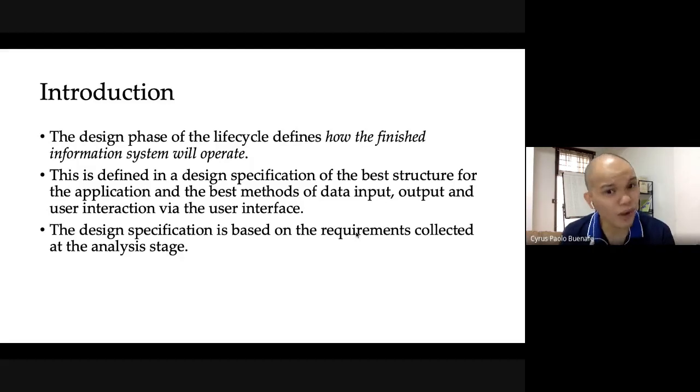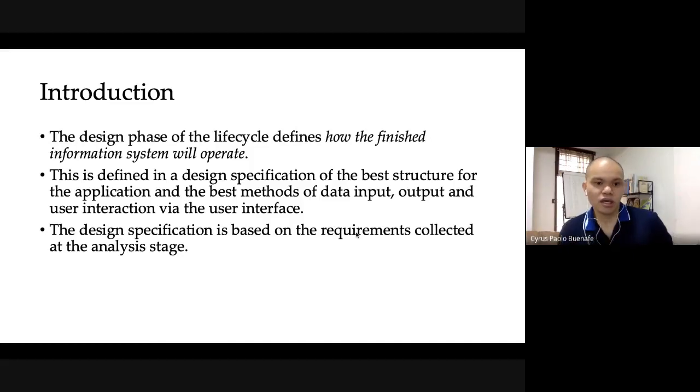So it's more of a what, systems analysis. For systems design, it's more of the how. So how does it look? How will this work? How will this operate if you have these certain conditions? So in order to differentiate analysis and design, a good shorthand would be the analysis part would be the what, the requirements, and the design would be the how.